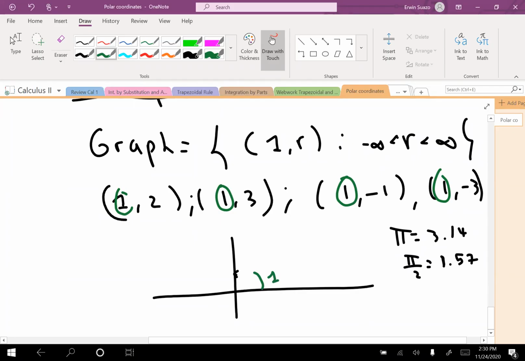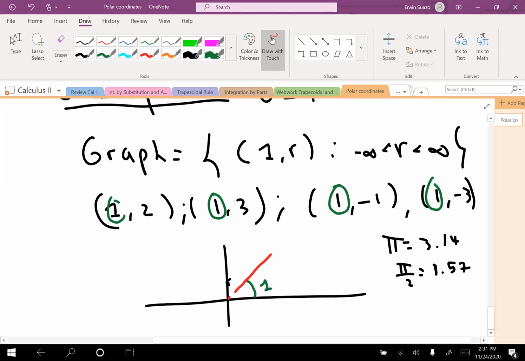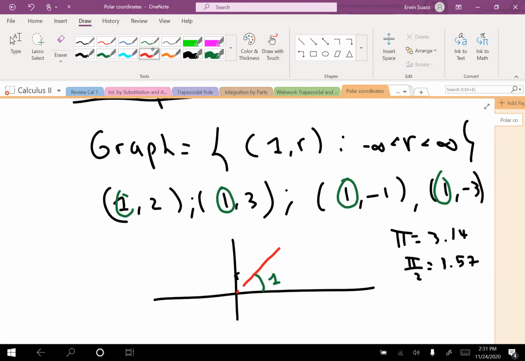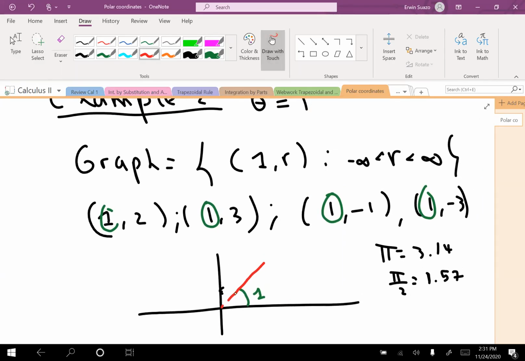My angle 1, that's 1 radian. So that's an angle. The angle 1 is 1, 2. That's my angle, and remember, it's like shooting an arrow. So that point is over here. The other is 1, 3, so my other point is probably here.